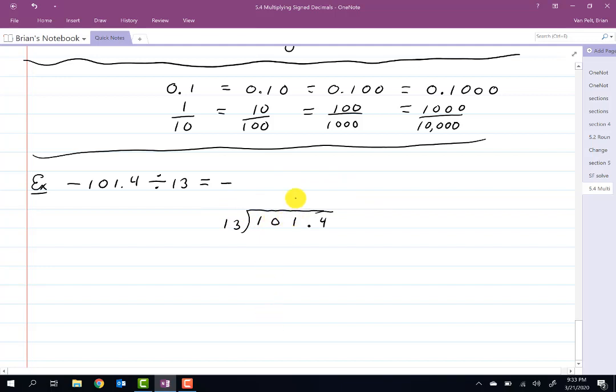It goes into there 7 times. 7 times 13 is 91. 101 minus 91 is 10. Now I can bring down my 4. And 13 goes into 104 exactly 8 times. So our answer is negative 7.8.